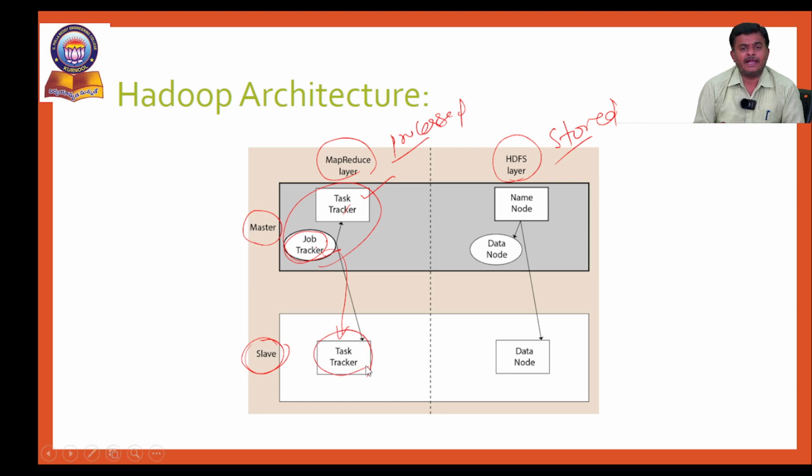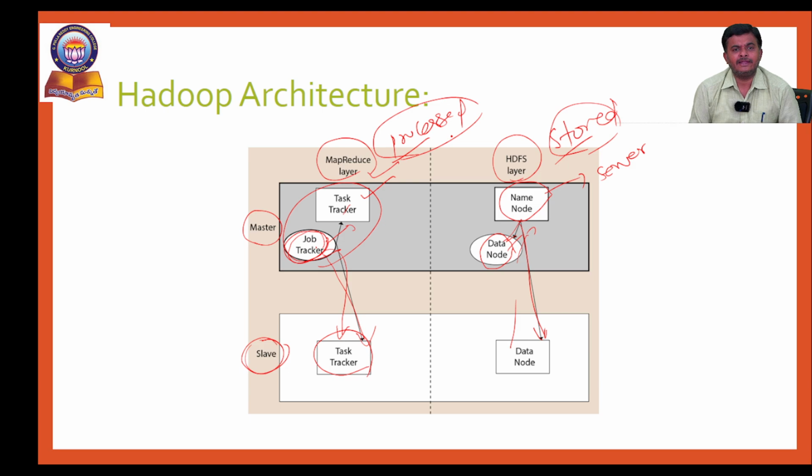Similarly, the client will have a task tracker. Whenever a MapReduce program runs, a job tracker initiates itself and generates a number of task trackers. On the HDFS side, the name node is what we'll call the server. The name node is connected to several data nodes, and whatever requests come from the data nodes will be processed by the name node. So this is the architecture of how storage and processing can be done in the Hadoop system.